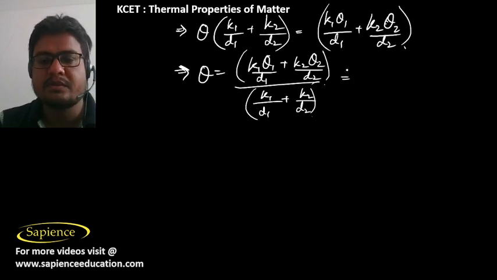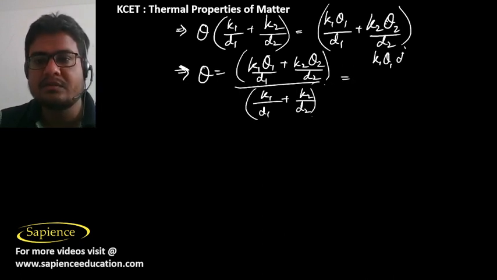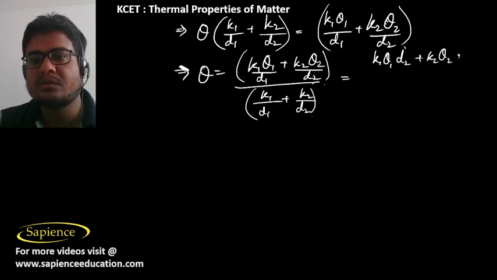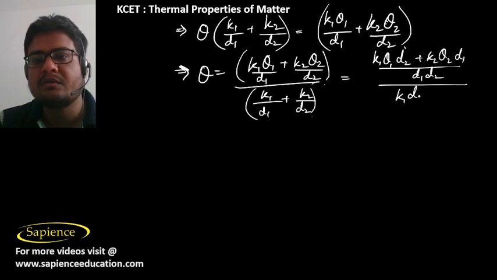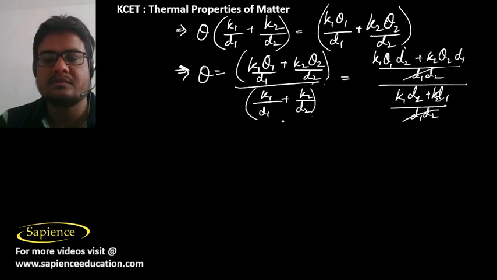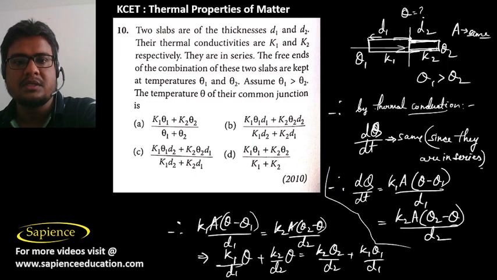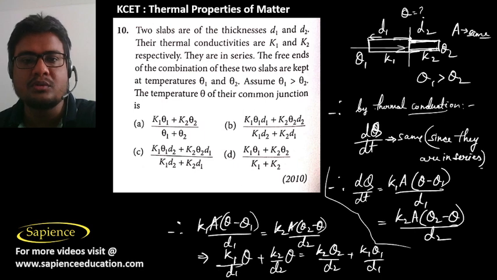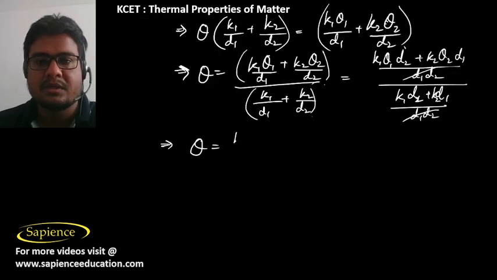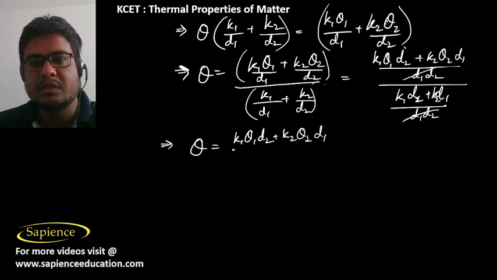Now we have to simplify. If we take the LCM, this will be (k1 theta 1 d2 plus k2 theta 2 d1) divided by d1 d2, divided by (k1 d2 plus k2 d1) divided by d1 d2. So d1 d2 will cancel. Therefore the temperature of the common junction theta will be (k1 theta 1 d2 plus k2 theta 2 d1) divided by (k1 d2 plus k2 d1).